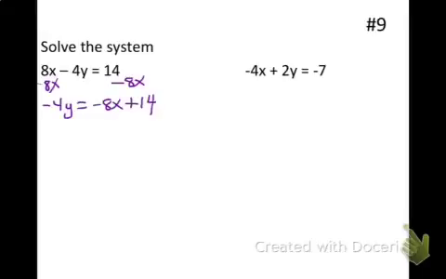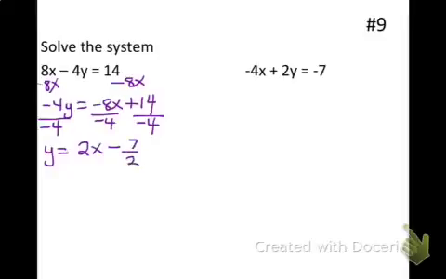Last thing to do is divide everything by 4, and I'll simplify it this time. So I get y is equal to positive 2x minus 7 over 2. And you don't have to simplify it if you don't want to. It'll still work in the calculator as long as you use parentheses correctly.